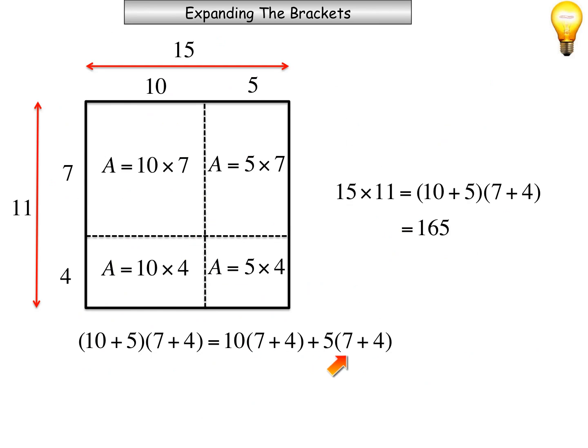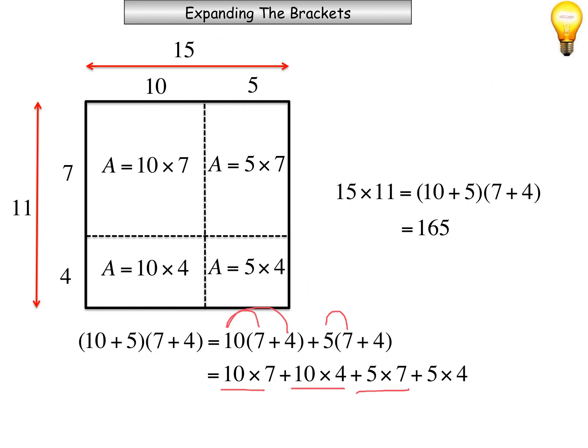And this section here on the right hand side is going to be 5 lots of 7 and 4. From our previous question, by expanding the brackets, we have 10 times 7 and 10 times positive 4. So 10 times 7 plus 10 times 4. And then plus 5 times 7 and plus 5 times 4.